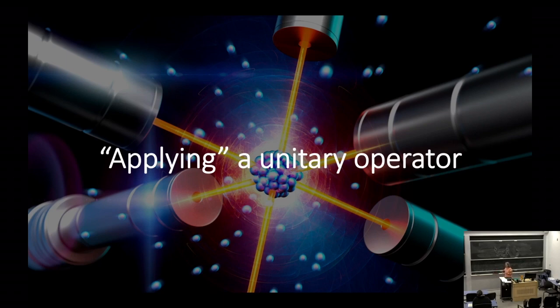And that feels like it contradicts what we said earlier about unitary operators describing the evolution of a closed system. We're applying this unitary operator, so it feels like we're doing work on the system, and that would make the system not closed. And we can think about an example of this, which is shown on the screen. It's when a laser is focused on an atom.